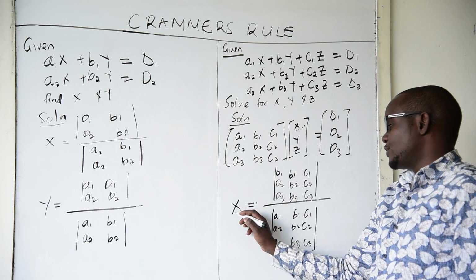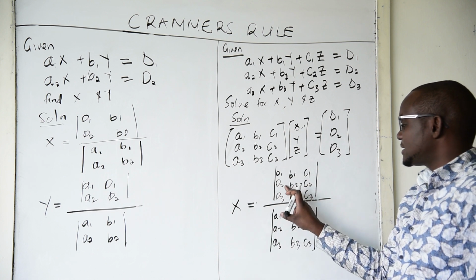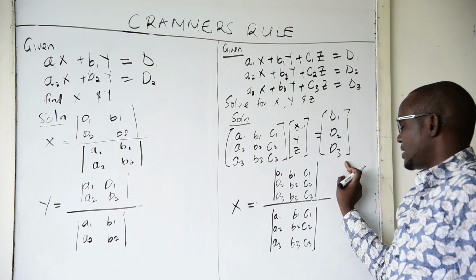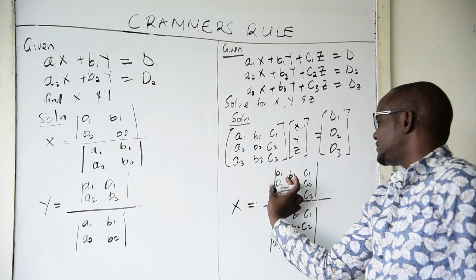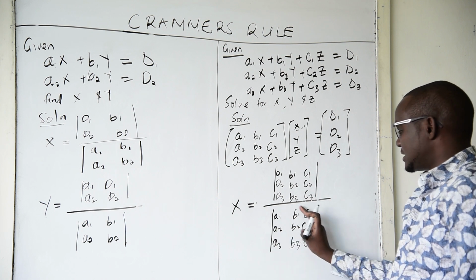To get the value of y, we maintain the denominator. The numerator, since this is the second independent variable, we replace the second column. Here you find the determinant of this matrix and the determinant of this other matrix.